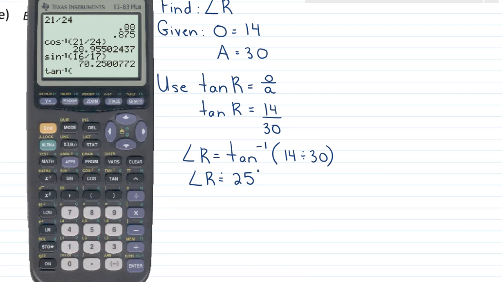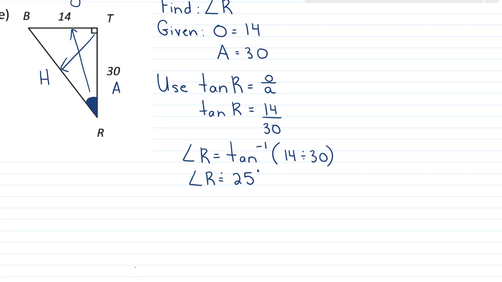Make sure you only press second tan, because second cos won't work. 25? So your float, no, you're good, yep. 14 divided by 30 is 25 degrees. She's absolutely right. I need the approximate, though, because there's a whole whack of decimals in there, so put the dot. Okay? See how the dot's right above my equal sign? You need that little dot.